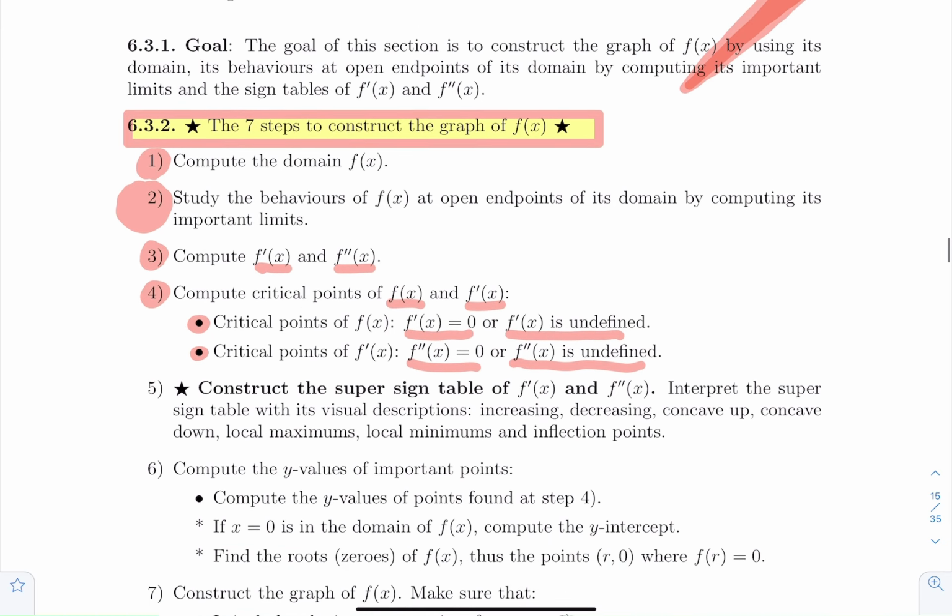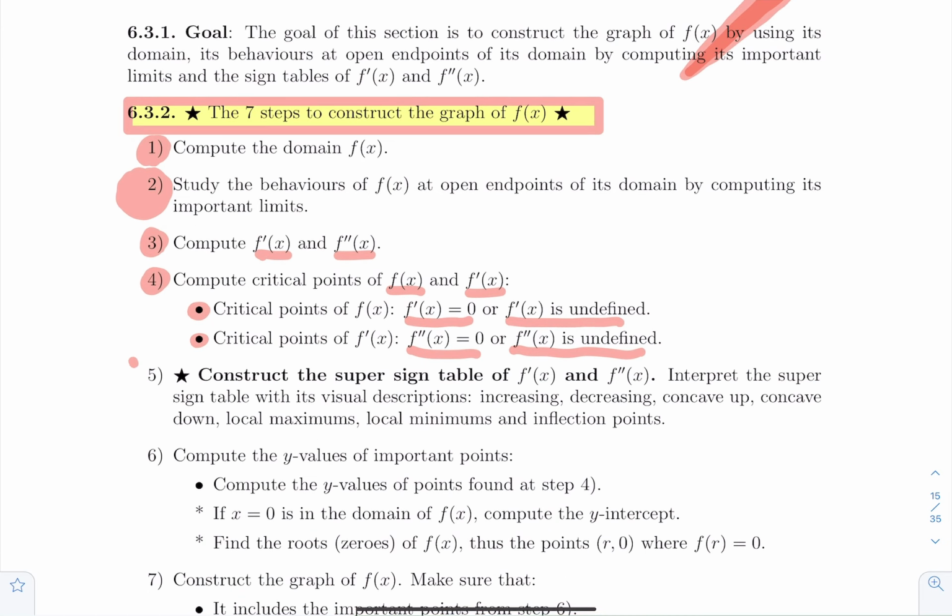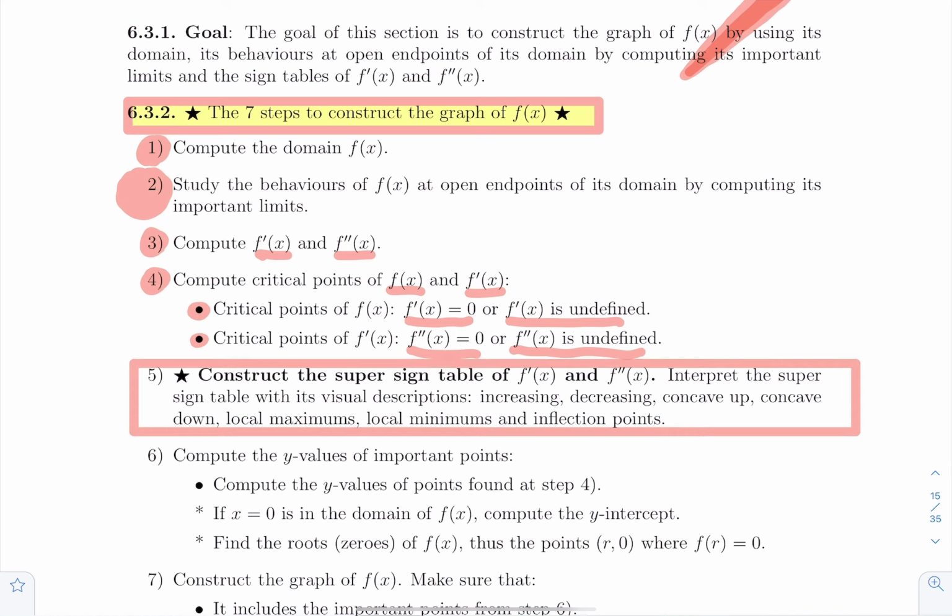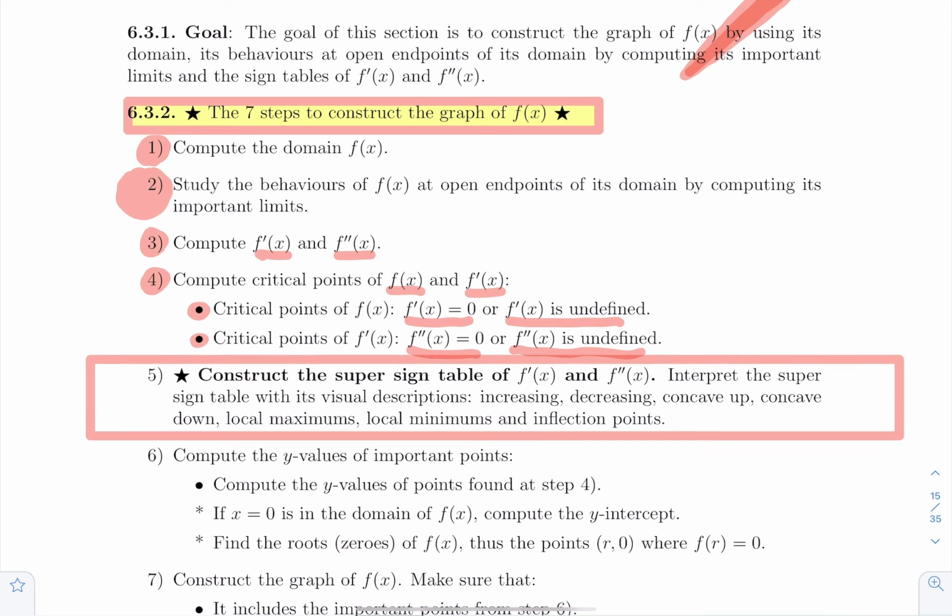And now the most important step, and the focus of the first 2 sections of that chapter, is the new step in the construction of the graph of the function. So construct the super sign table of f prime and f prime prime.